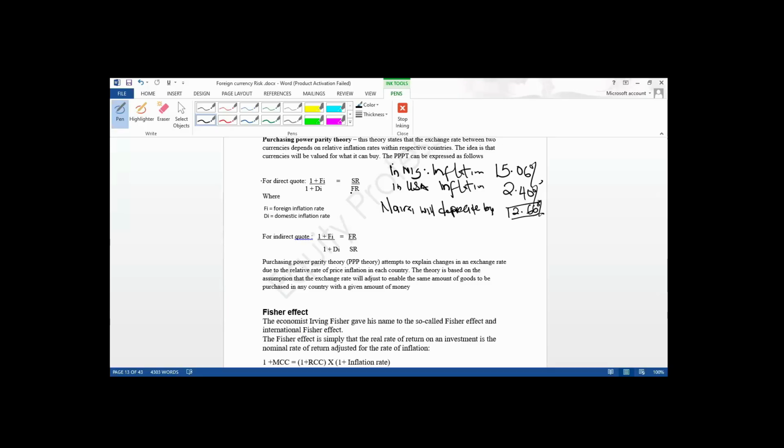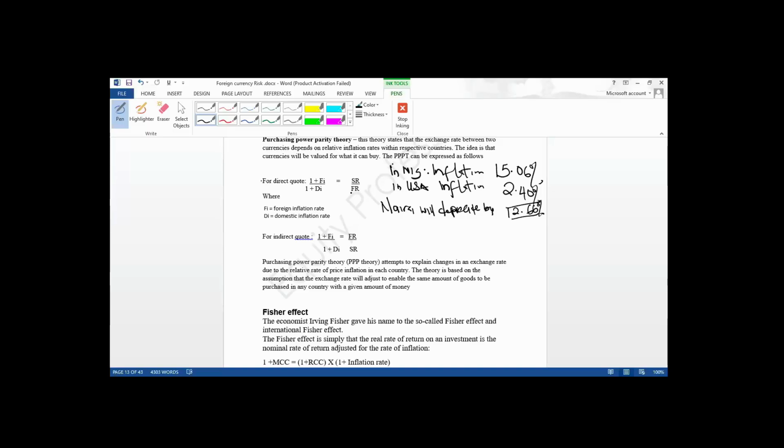For indirect quotes, the formula will change slightly. (1 + FI) divided by (1 + DI) is equal to FR over SR.